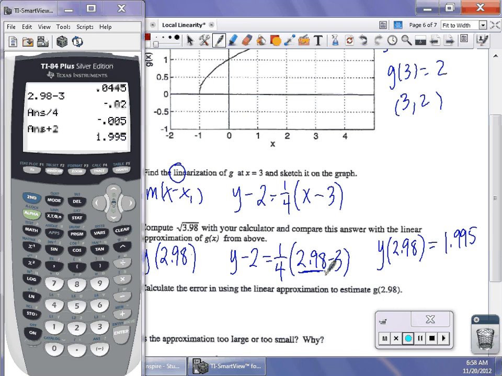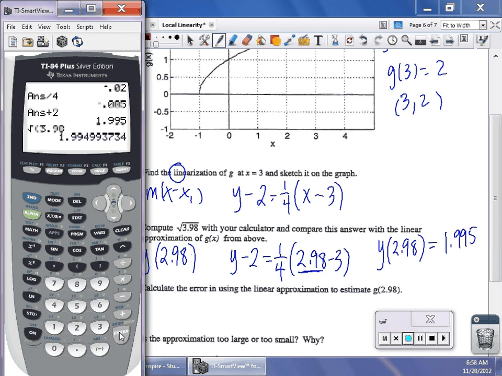So the actual g of 2.98, so the square root of 3.98. In other words, what I'm looking for is the actual y value on the curve. It's actually 1.994, because 3.98 is almost 4, so you expect the square root to be almost 2.